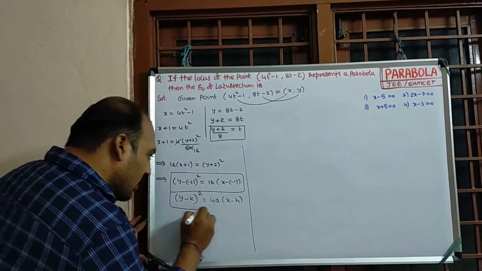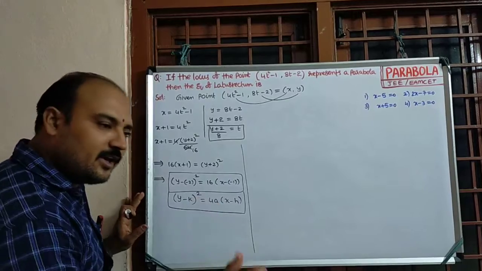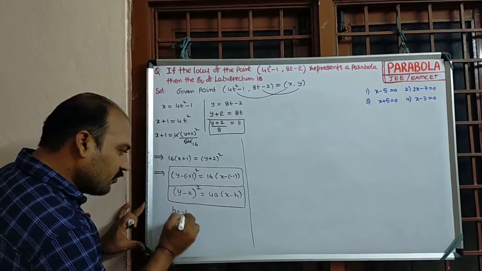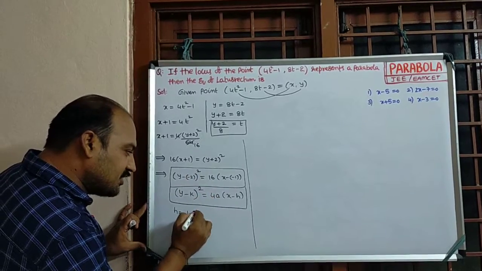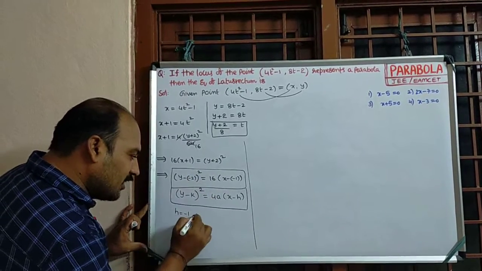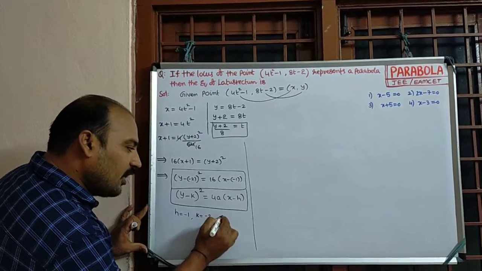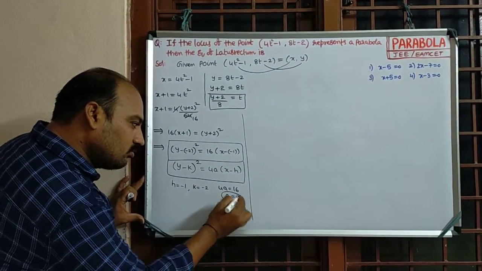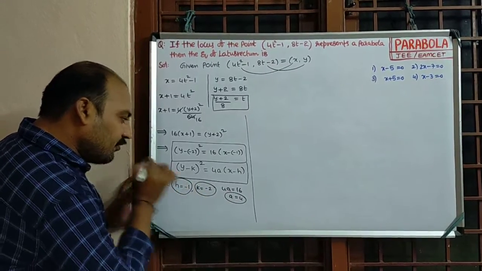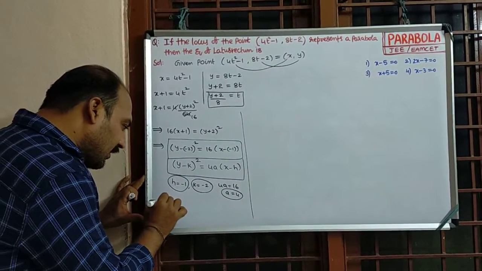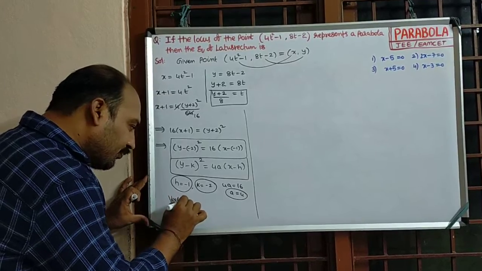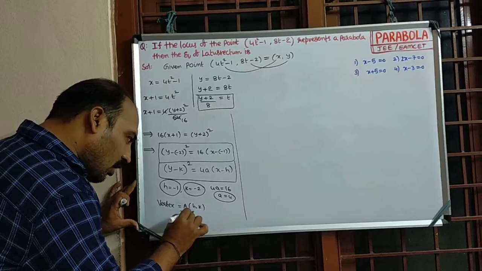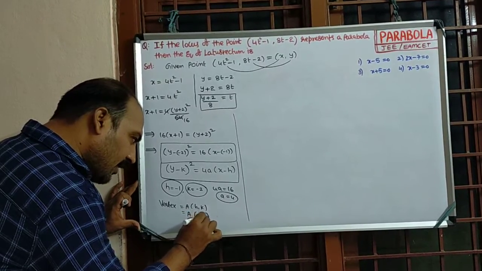After comparing, write the values of h, k and a. h = −1, k = −2, and 4a = 16, so a = 4. The vertex A is (h, k), so A is (−1, −2).